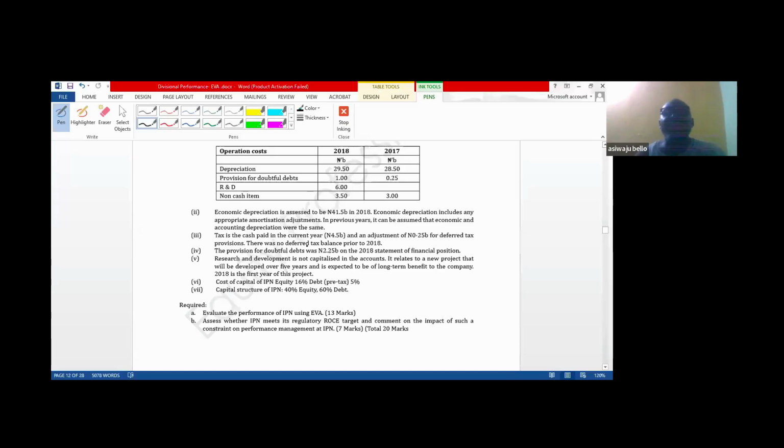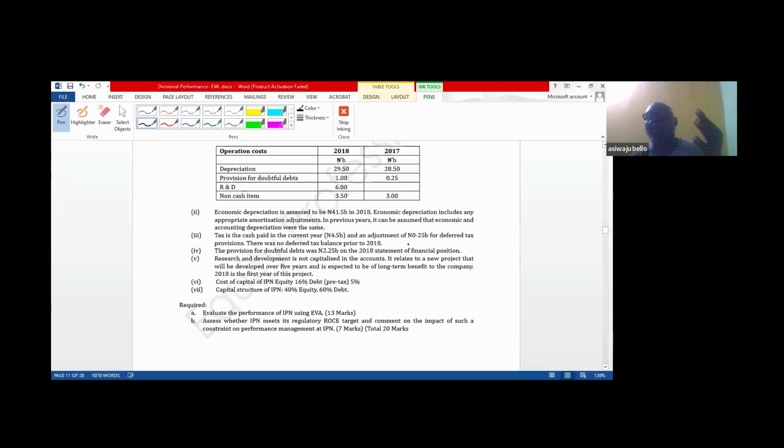There was no deferred tax balance prior to 2018. That means provision for deferred tax was first made in 2018.